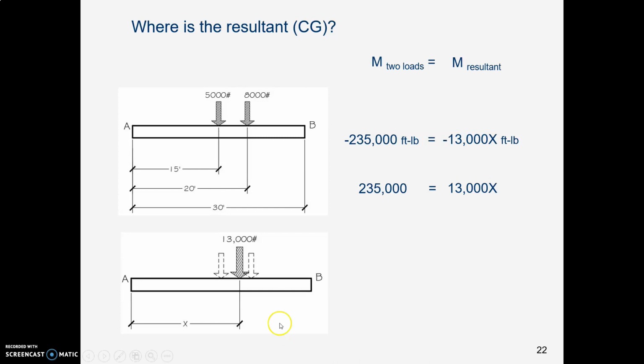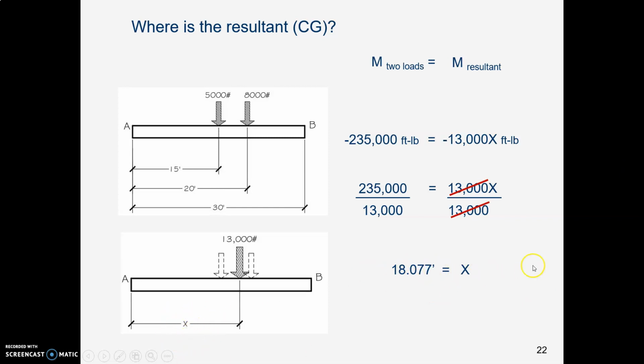Okay, we're trying to find out how far is x. If 235,000 equals 13,000x, we could divide both sides by 13,000, and the 13,000s cancel out, and we are left with 235,000 divided by 13,000 equals 18.077 equals x.